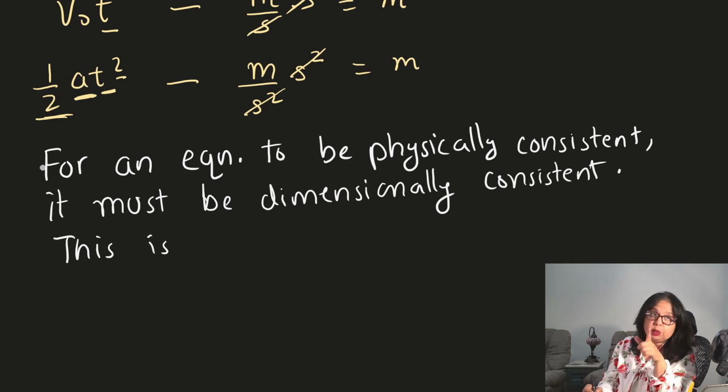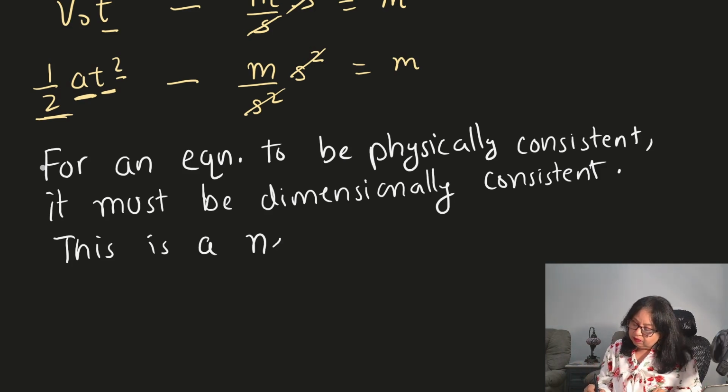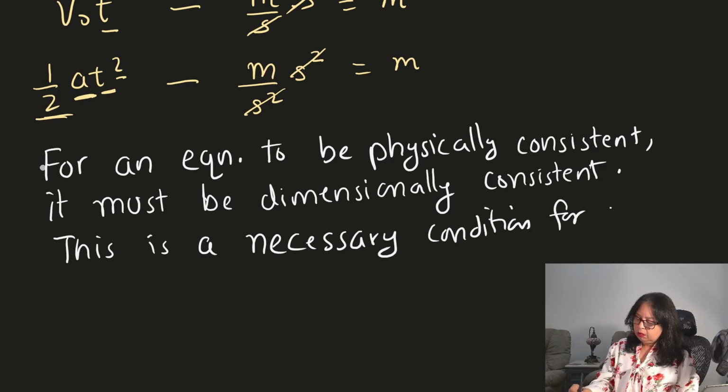If it is dimensionally inconsistent, that means the dimensions of one term are different from the dimensions of the second, and so on, then that equation is definitely wrong. This is a necessary condition for an equation to be correct.